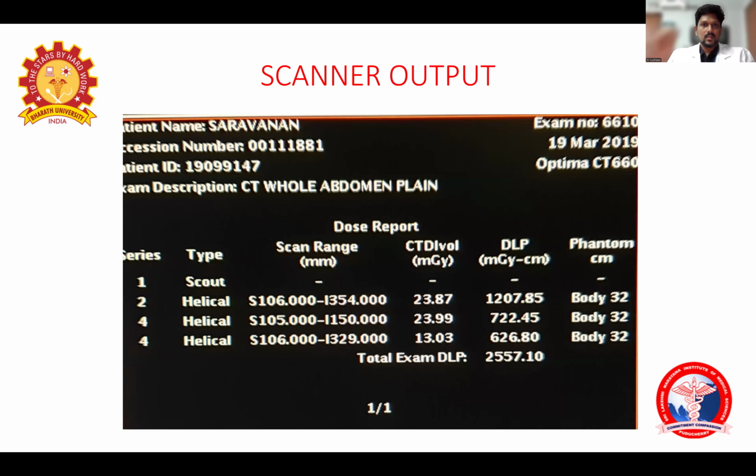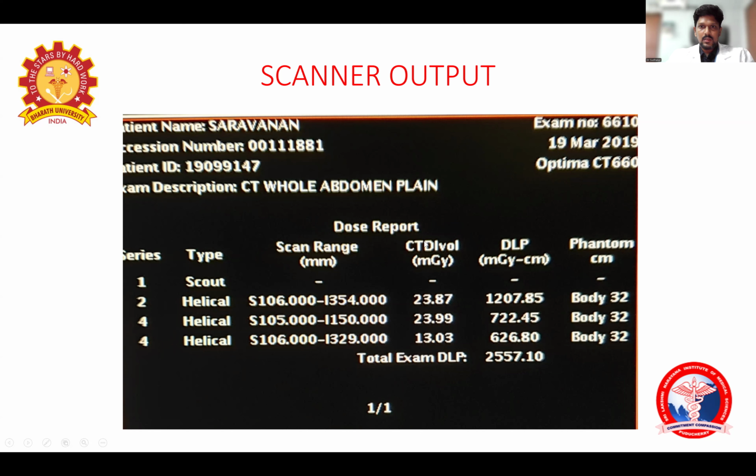So the patient specific protocols, as I said, are for pregnancy and pediatric, and cardiac CT in pediatric and also in adult. As you could see, this is a young adult patient who came for CT whole abdomen plain. For any such CT scan, we always arrive at a report like this, which is given by the CT machine. In this, you can see there is something called CT dose index volume, CTDI volume, and DLP.